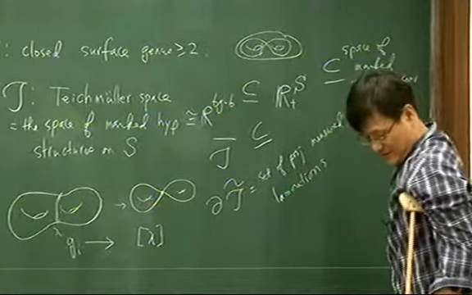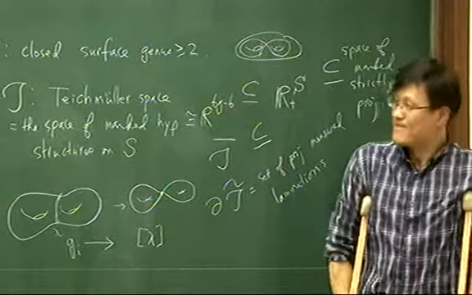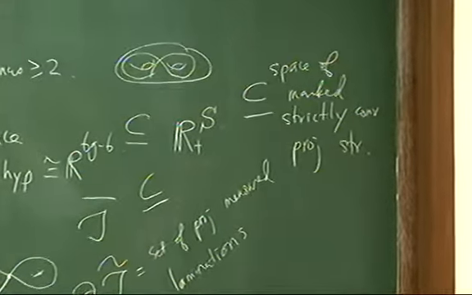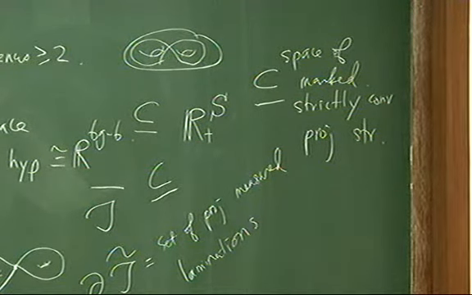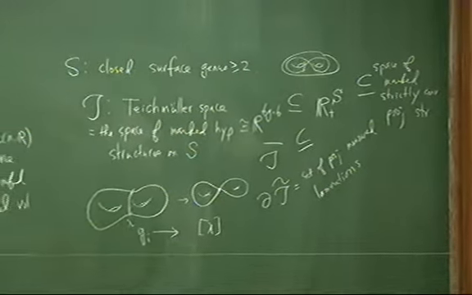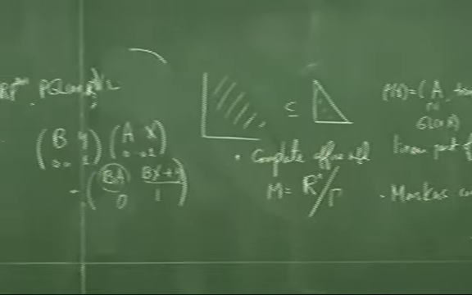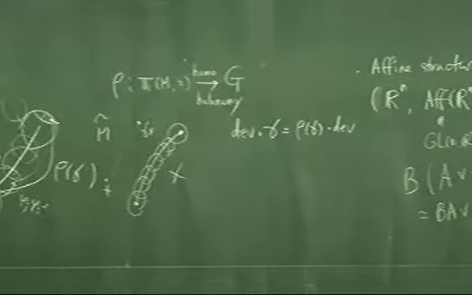Okay. And now try to compactify such strictly convex projective structures. Then you will see the compactification of the hyperbolic structures together with another piece of compactification. Okay? So I'm trying to give some ideas. How can you do this?